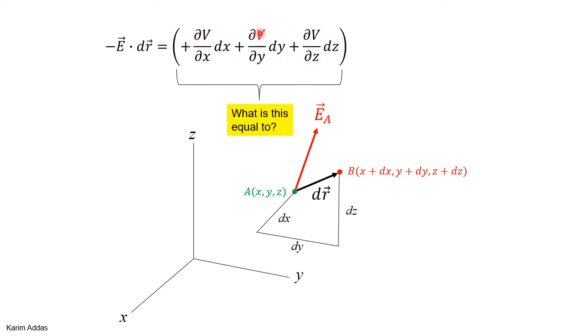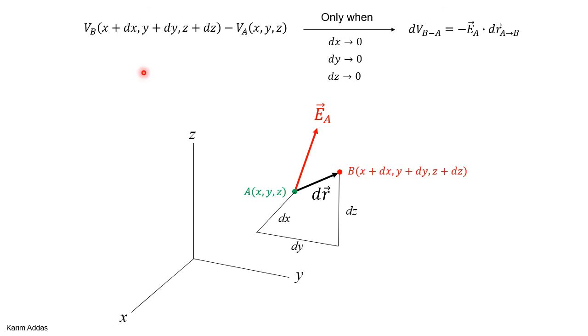This is the difference in potential between the 2 points. So this whole thing is just dV. And so that's what we're after. We're after the difference in potential between 2 close points in terms of the electric field and the infinitesimal position vector that points between the 2 points. So this is what we were after, this kind of expression.